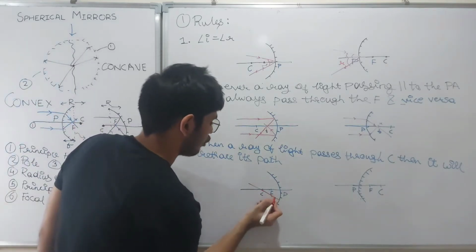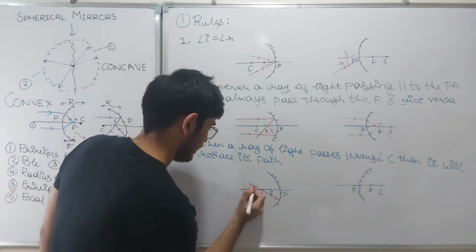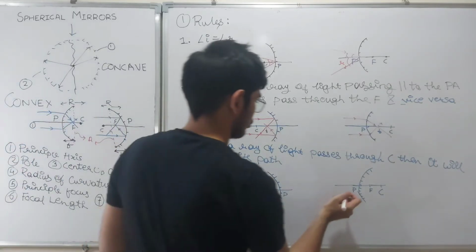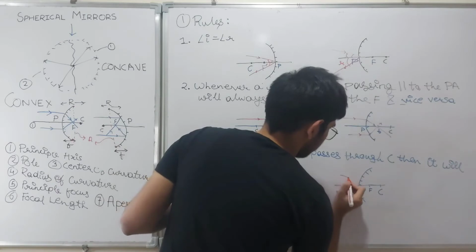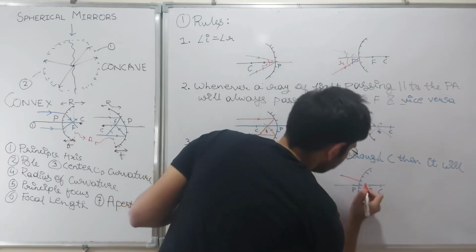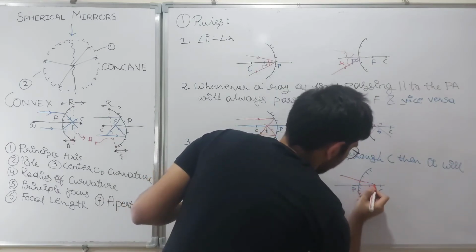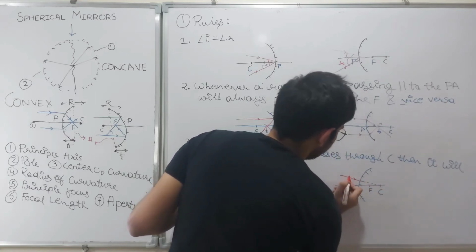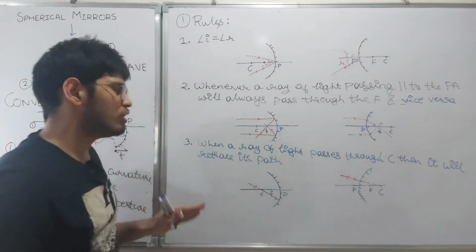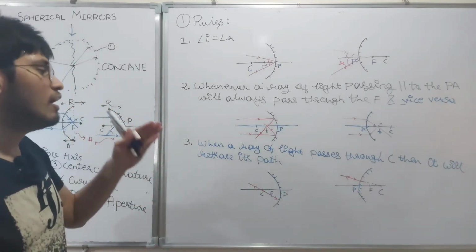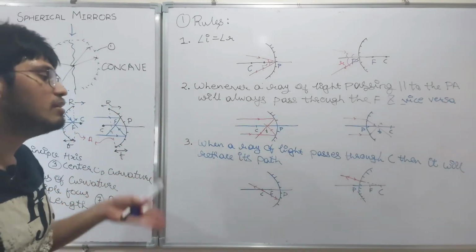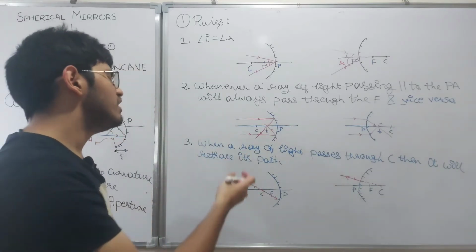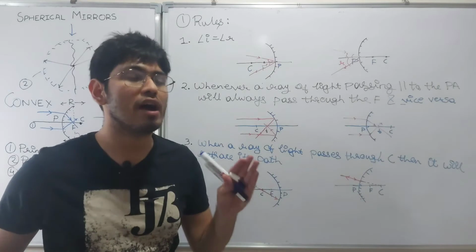In this case also, suppose this is the ray of light falling like this. It will go inside the mirror to the center of curvature, and after coming, it will just retrace its path back. So in this third case, the ray of light will always retrace its path back whenever it is passing through the center of curvature.